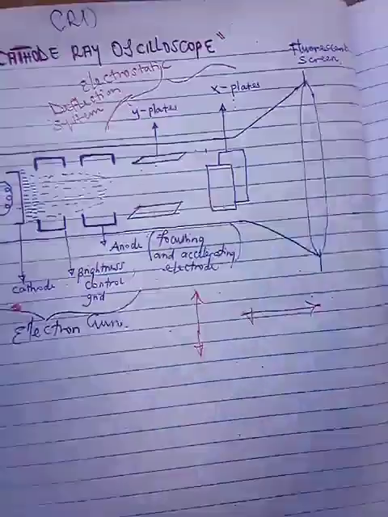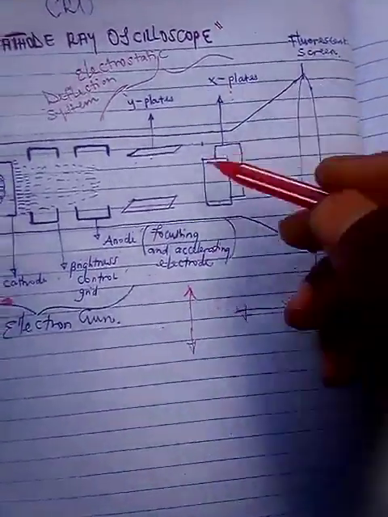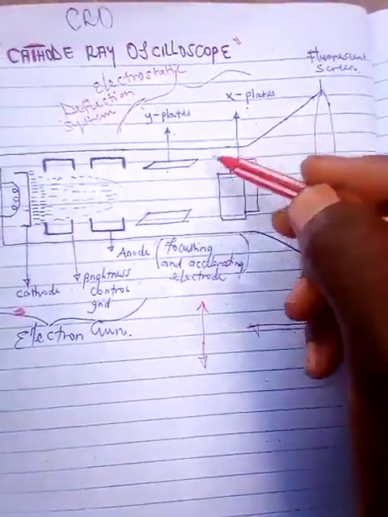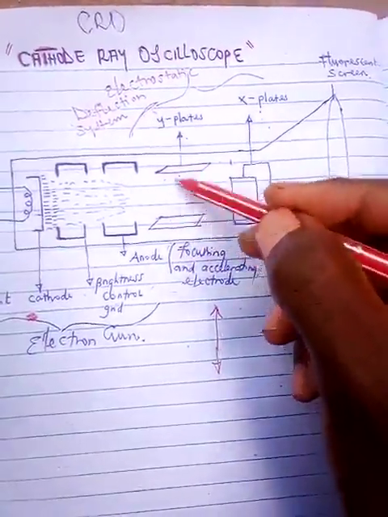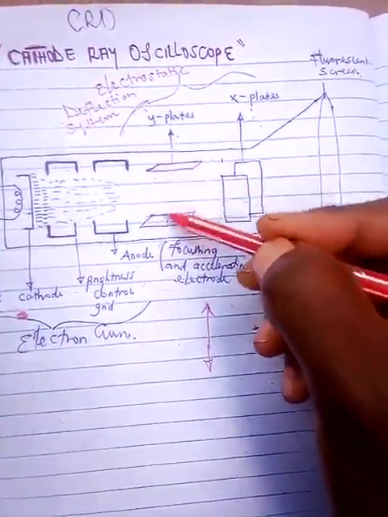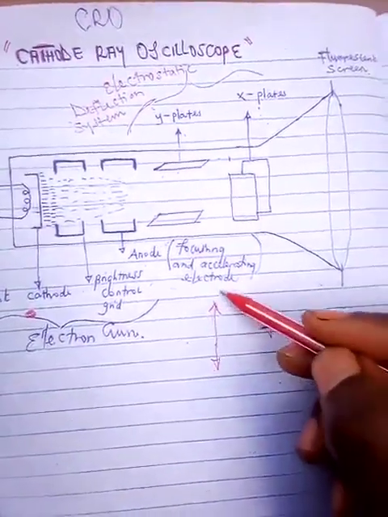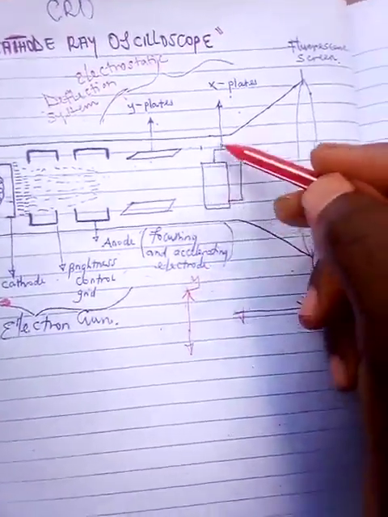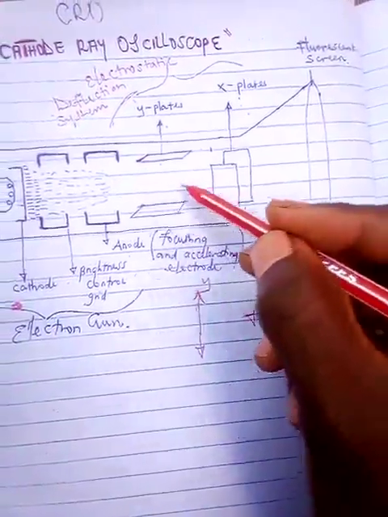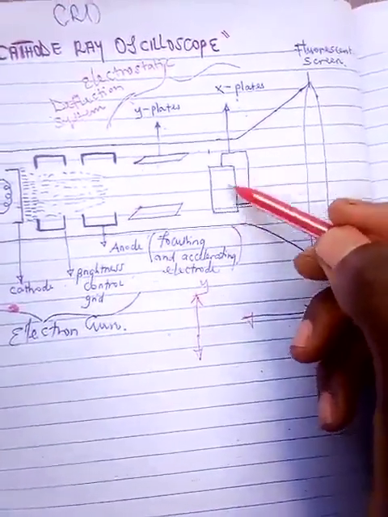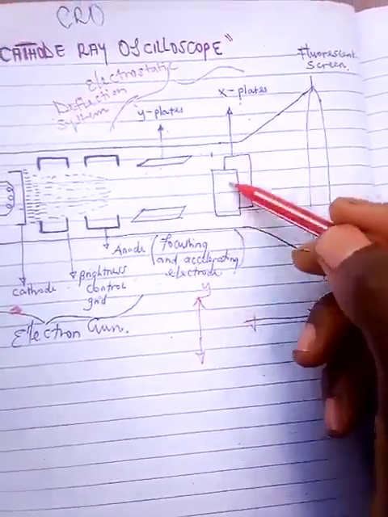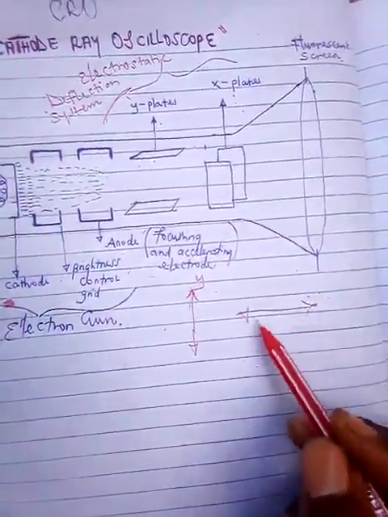This is where these names come from, Y plates and X plates, because the Y plates deflect these electrons vertically, just like the y-axis goes, and the X plates deflect these cathode rays horizontally, just like the x-axis.